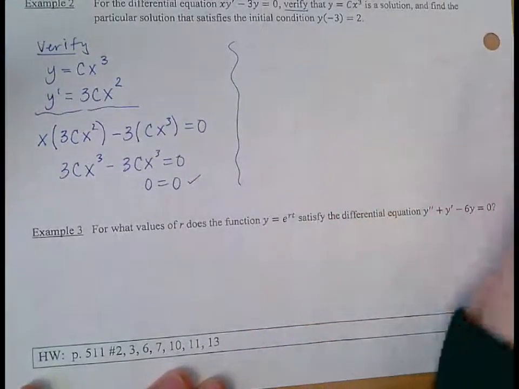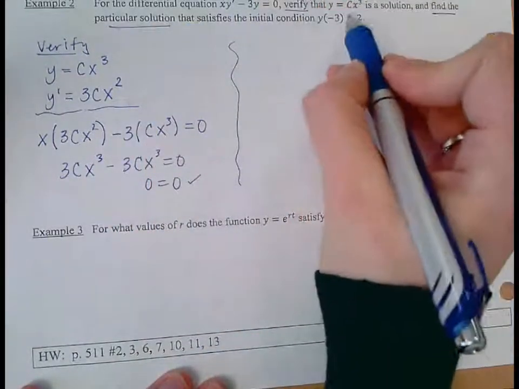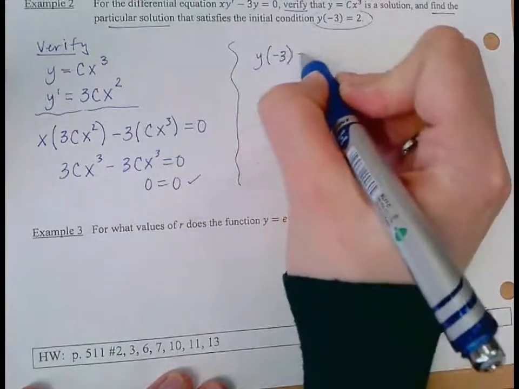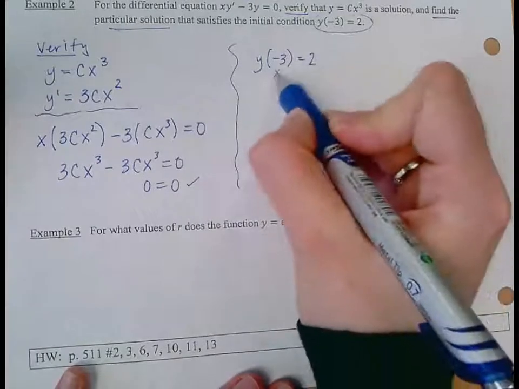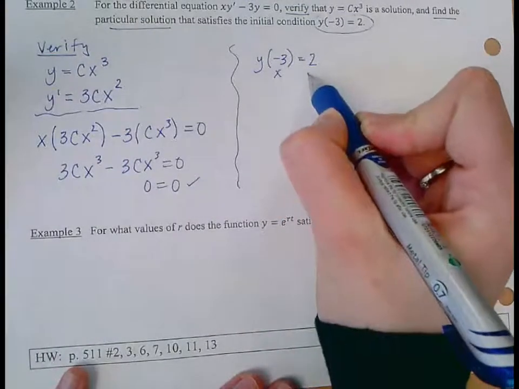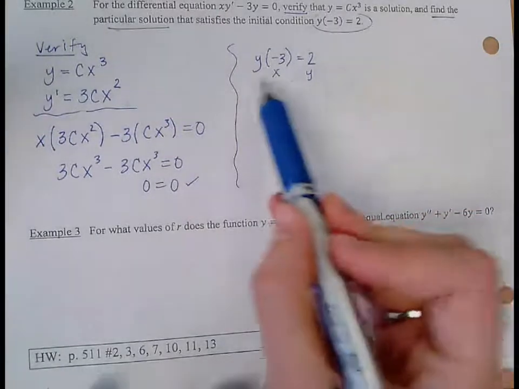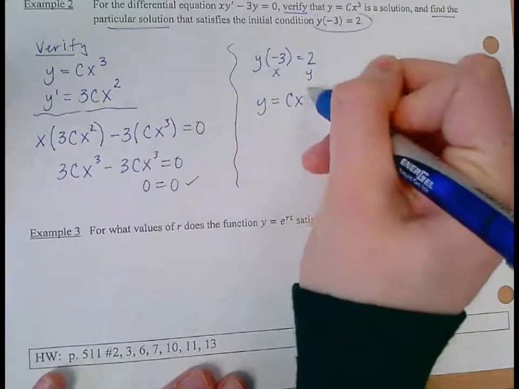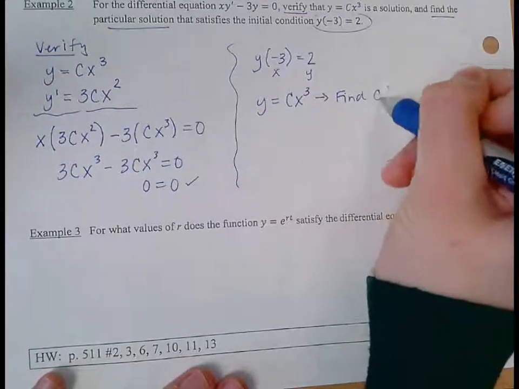Now to actually find the particular solution, we have this initial condition. This shows the x value is -3, the y value is 2, or when x is -3, y is 2. So when you're trying to find a particular solution, you start with the general solution it gives you, and your goal is to find the value of c.